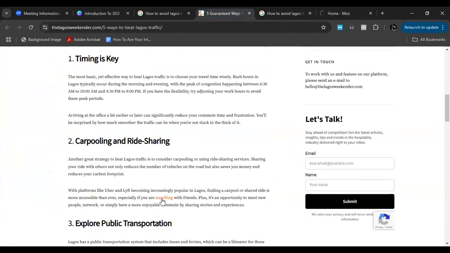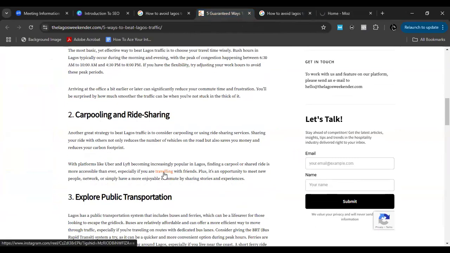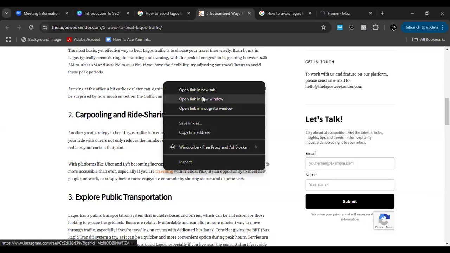So backlinks, for instance, this is a backlink. This is what we call a backlink. Some of the terms we use in SEO, if you look at the root words, you can easily understand what they mean. So remember, back, link, a link that leads back to something, right? So for instance, in a content like this, you can see this traveling is a backlink to another page.